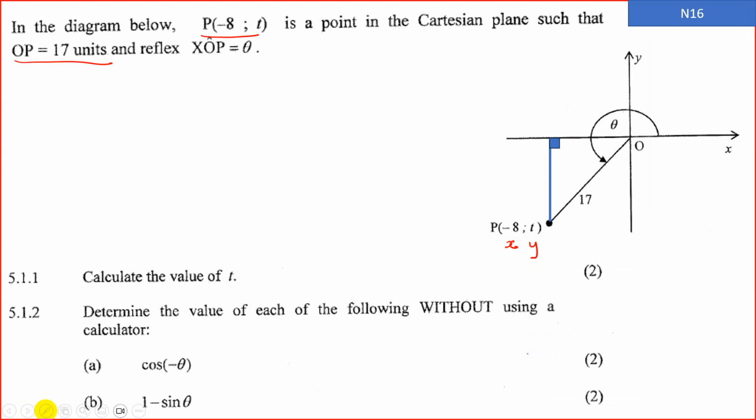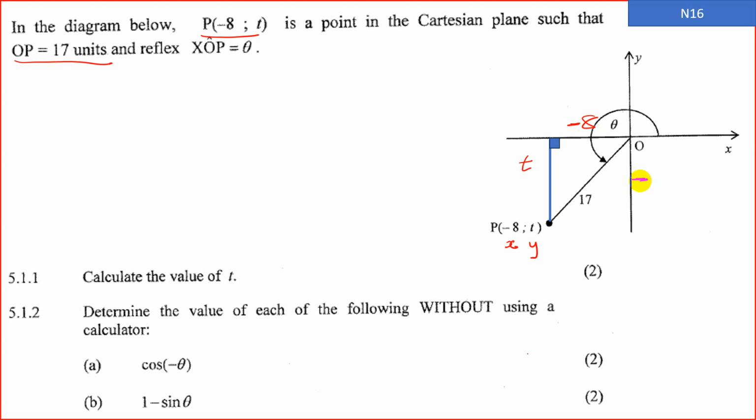Looking at the diagram, we know that the y value is t and the x value is negative. Notice also that P is in the third quadrant. Remember, in the third quadrant the y values are negative.